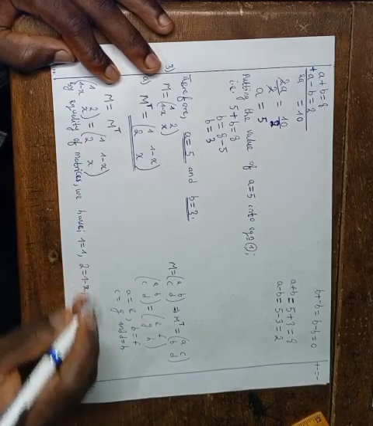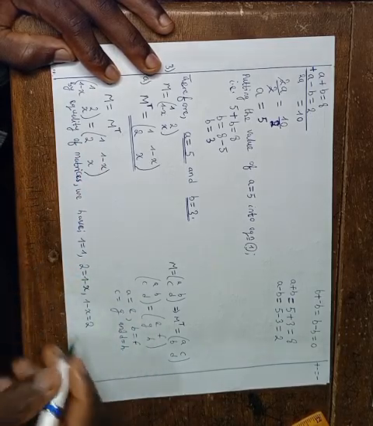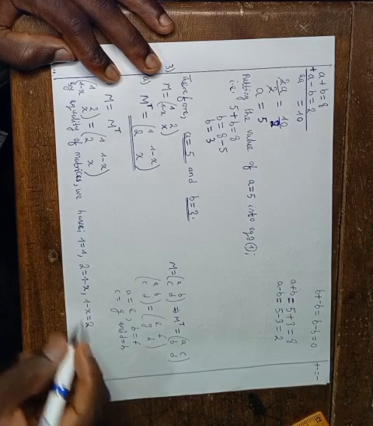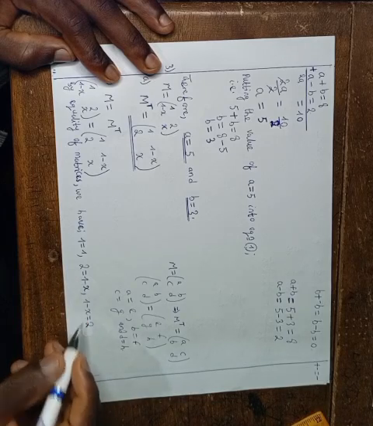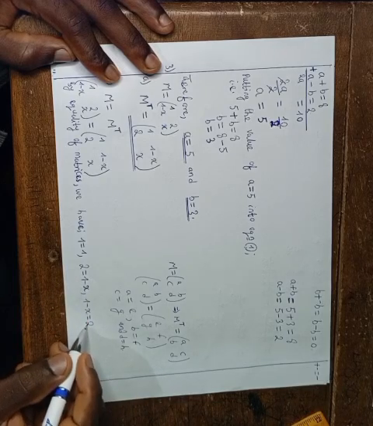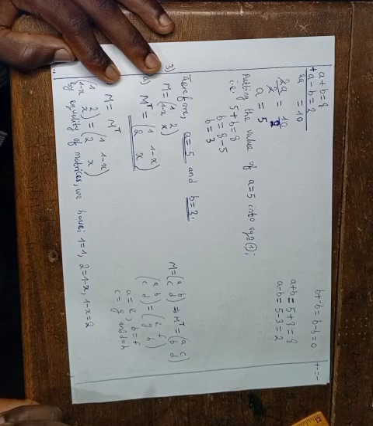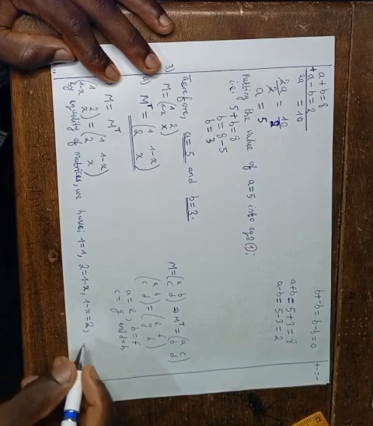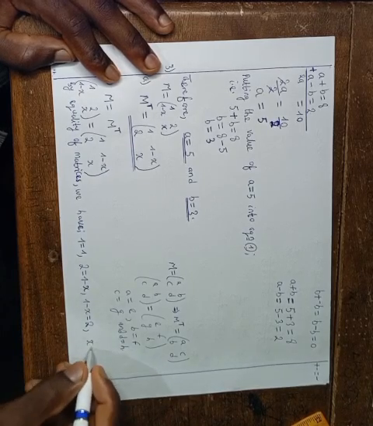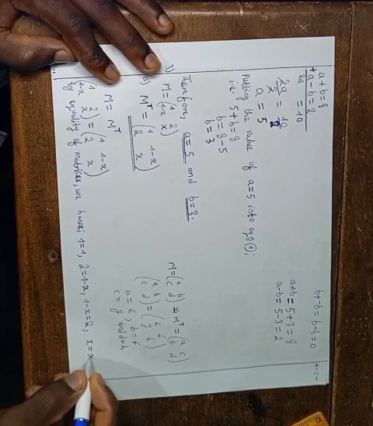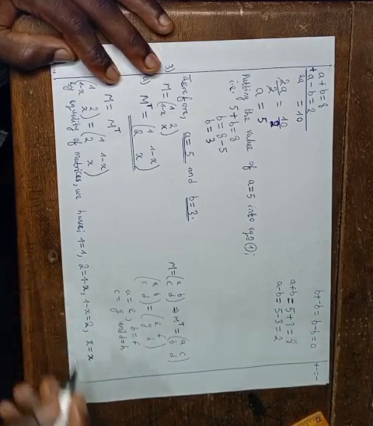You can see this and this, they are the same. So it proves that it's true. If we had, for example, 1 minus x equal to 3, then you know there's something wrong. Next, x is equal to x, which is true.